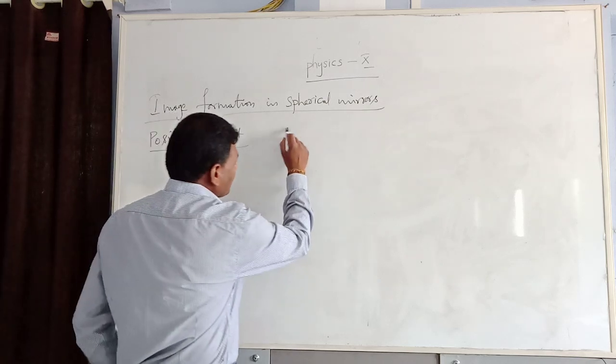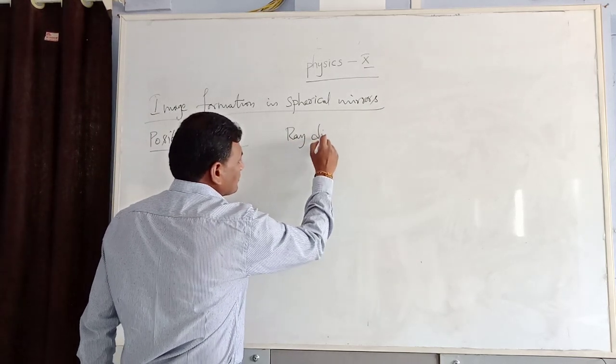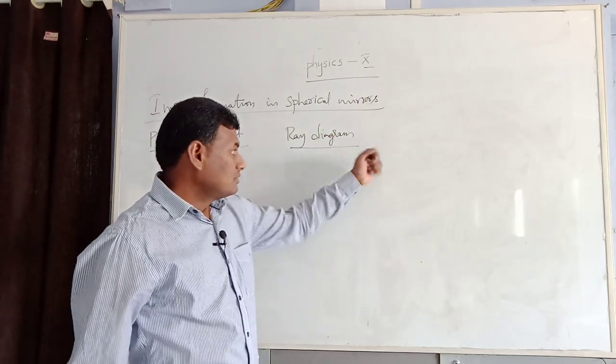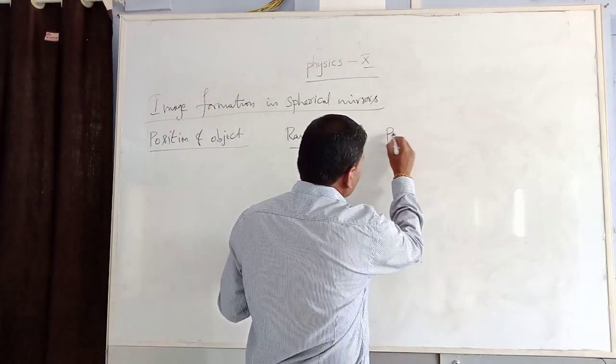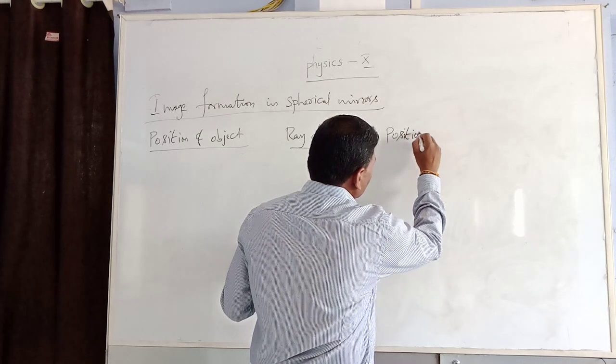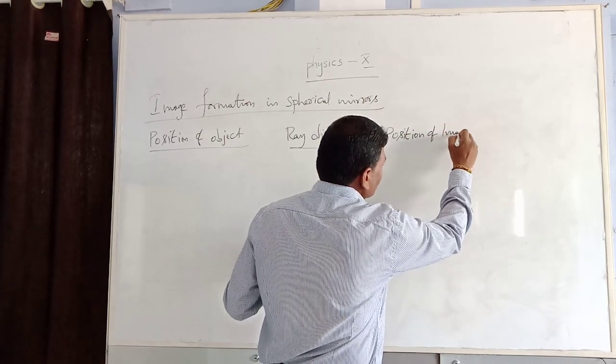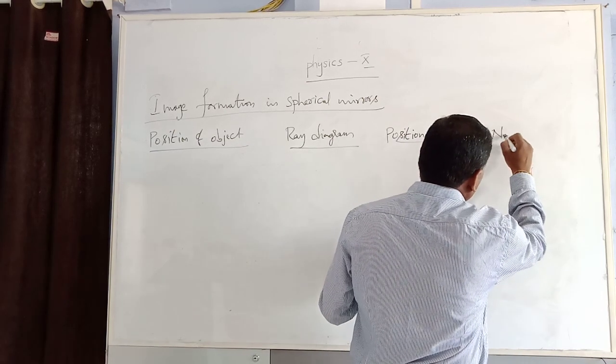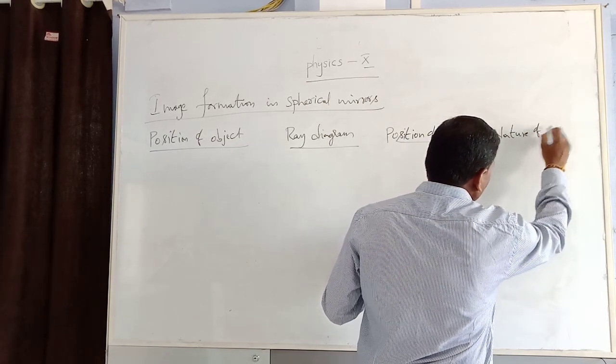Second is the ray diagram and position of the image. Next is the nature or characteristics of the image.